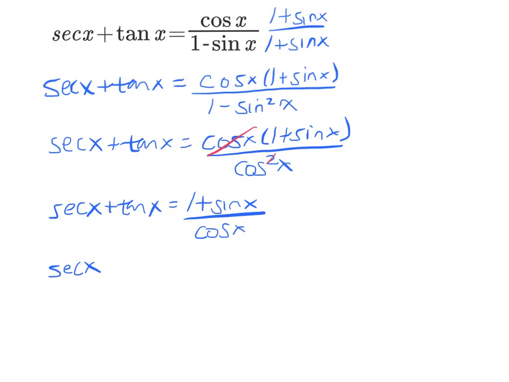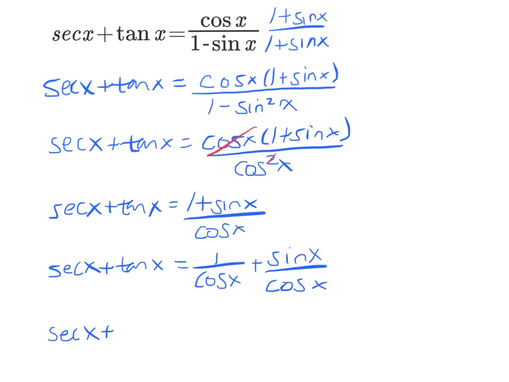Okay, almost to the end here. We can write the right side as 1 over cos plus sine over cos, and look what we have. Using first the reciprocal identity, that'll be secant, then a quotient identity, that will be tangent.